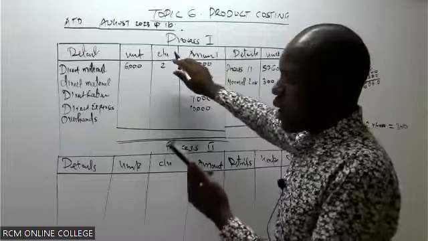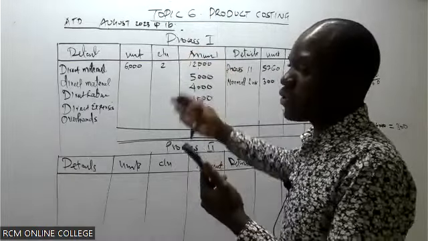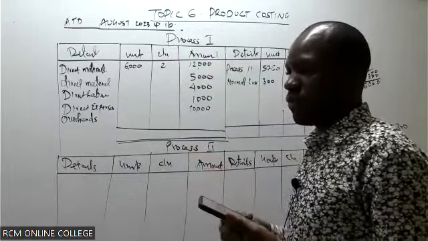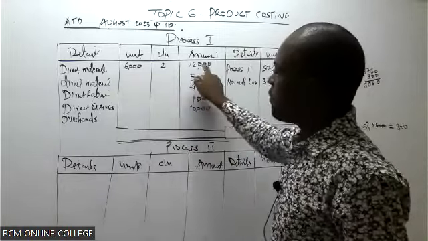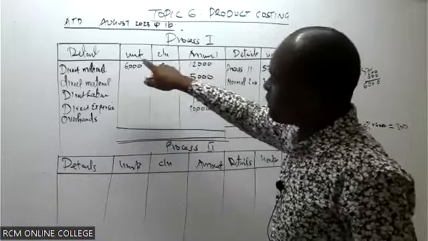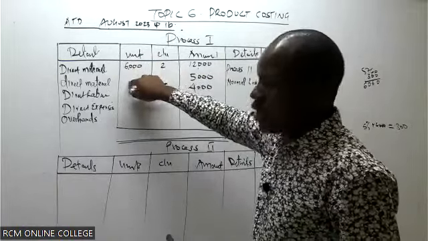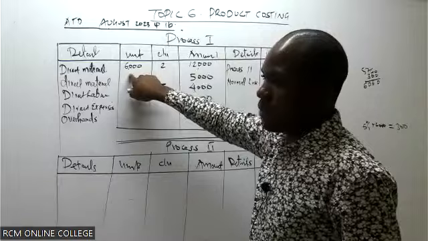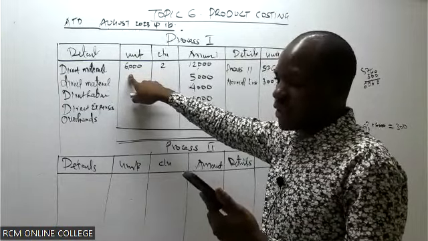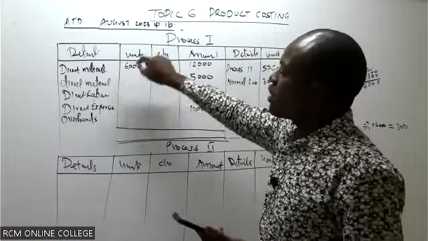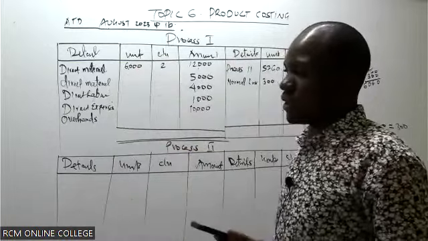How to get normal loss? The normal loss we have been told is 5% of input. 5% of input of units, not the value of units. No, it is 5% of the units that were brought in. How many units were brought in there? Are you able to see direct material? 6,000 units. So what is 5% of 6,000 units?